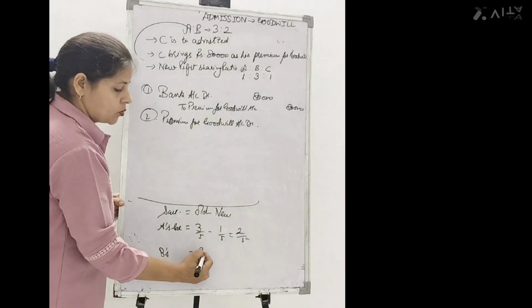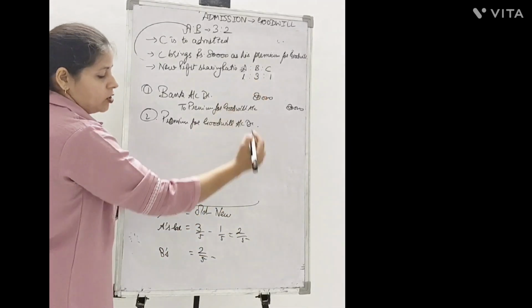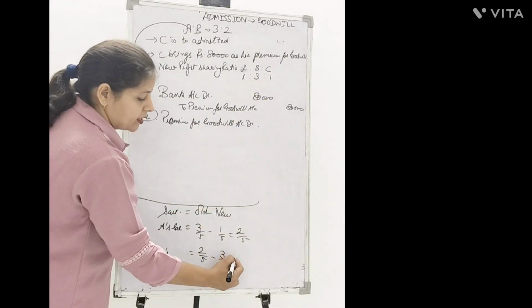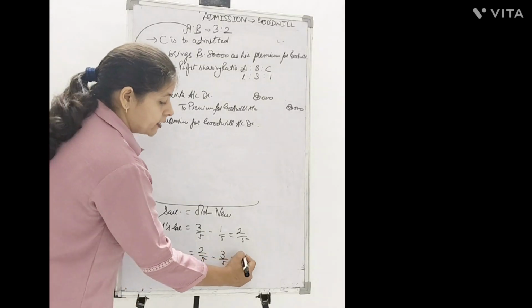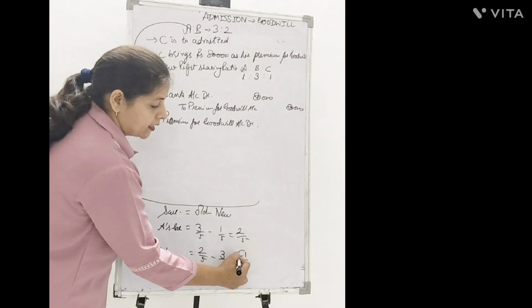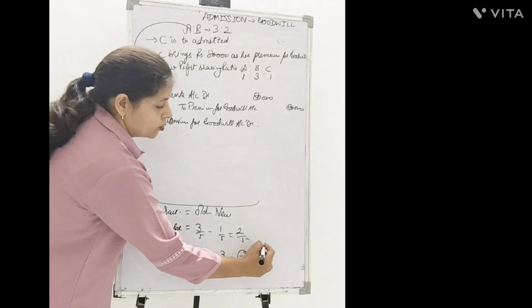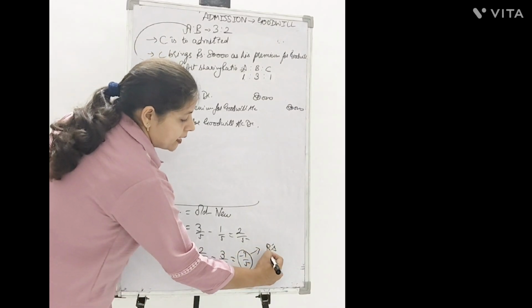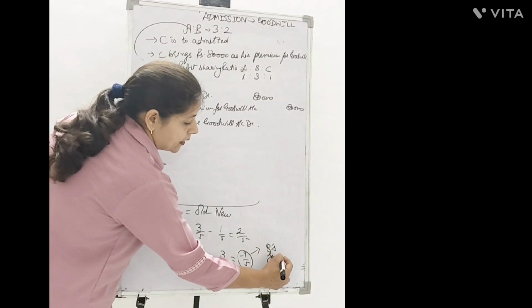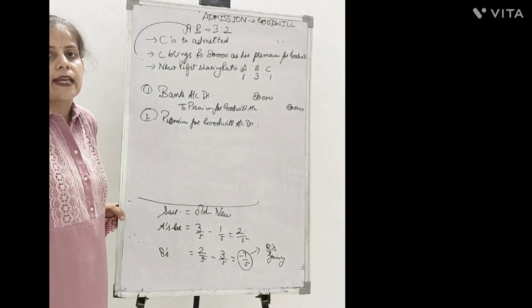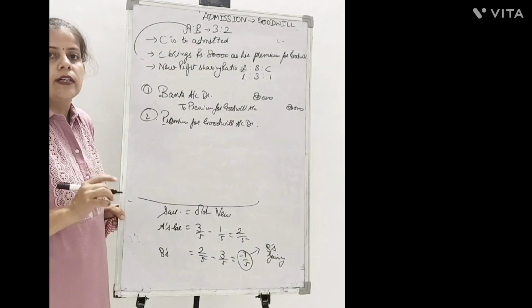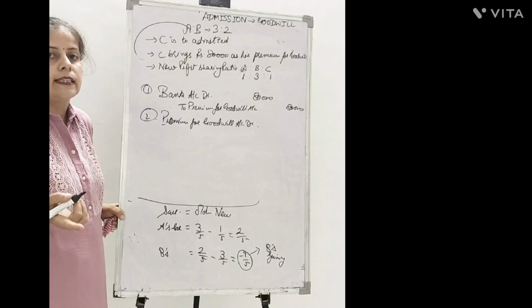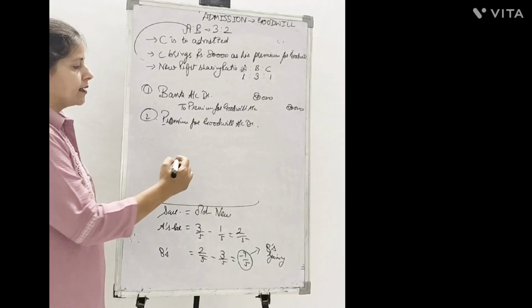Now let's go on to calculating B's share. B's old share was 2/5, but B's new share is 3/5. Rather than making a sacrifice, he is gaining here because his value is negative. This negative value shows that B is a gaining partner rather than a sacrificing partner. I told you premium for Goodwill would go only to the sacrificing partners.